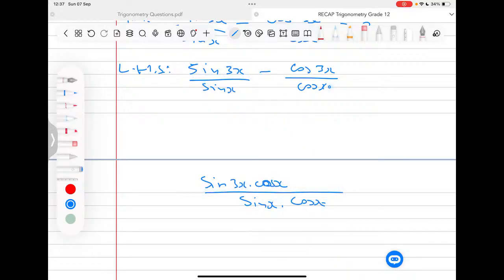Then we do the same thing with the other term. Dividing by cos x, these two cancel and I'm going to have sine x, then sine x times cos 3x. So the negative comes down here, and I'm going to have cos 3x times sine x.